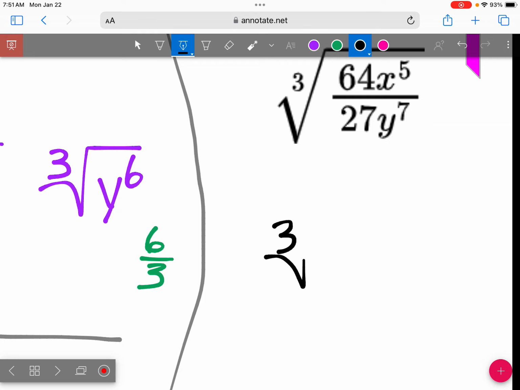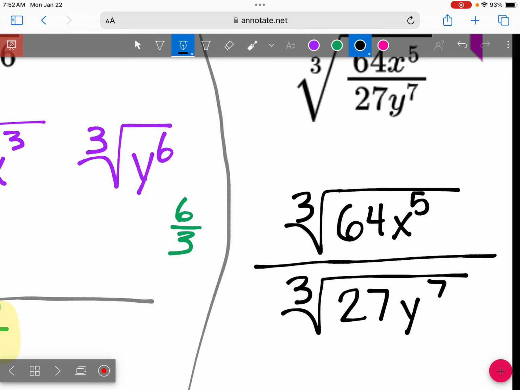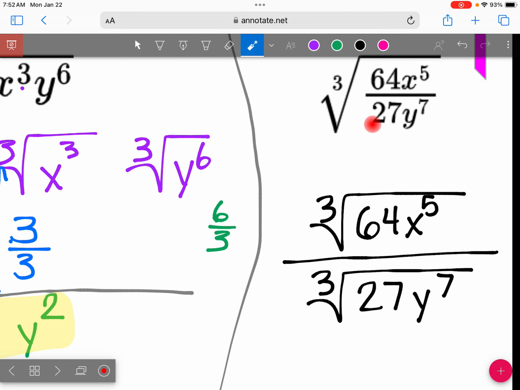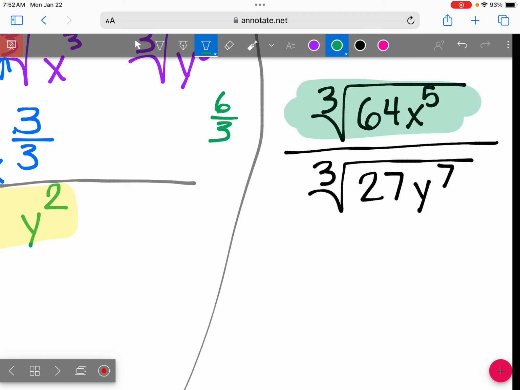We're going to do the cube root of 64x to the 5th over the cube root of 27y to the 7th. When you have one big monster fraction like this, we're going to split it up into pieces and deal with each one individually. We're going to take our numerator and our denominator and simplify each of them.